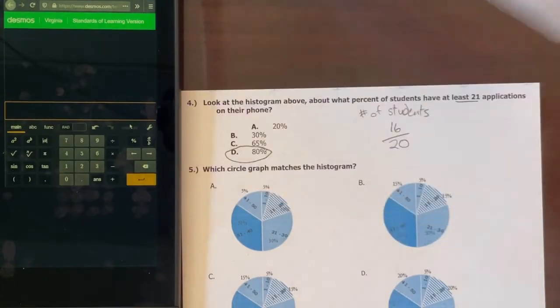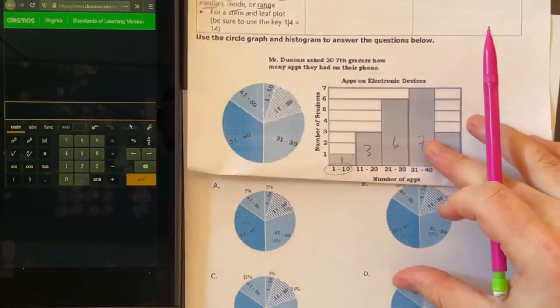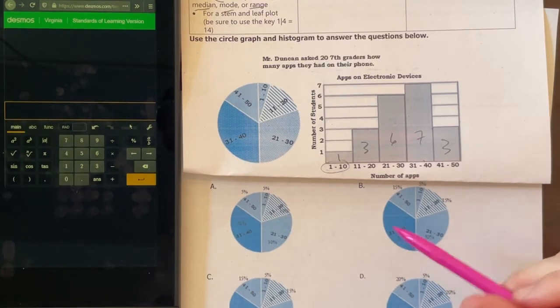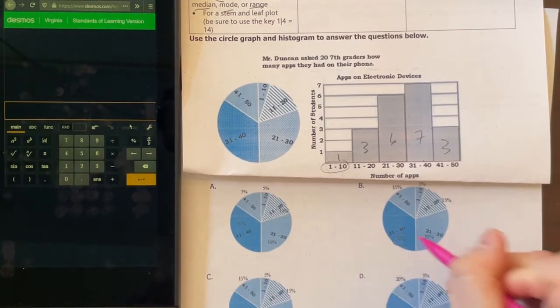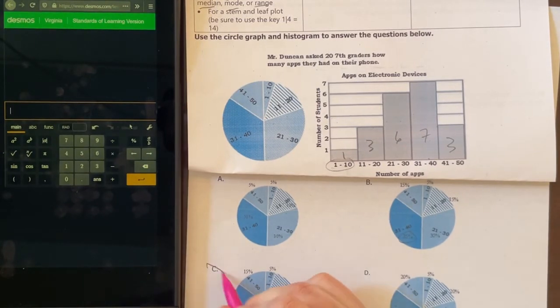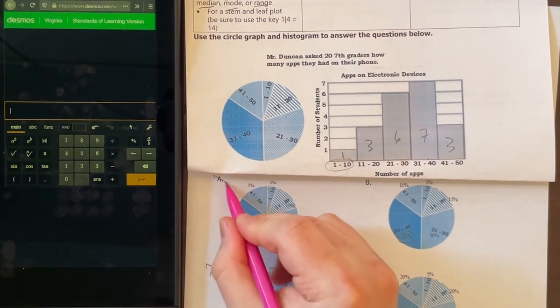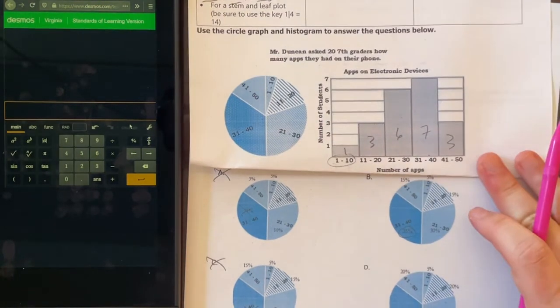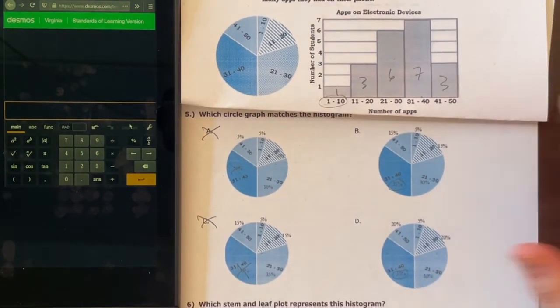For number 3, it was 35%. This is not 35, so it can't be C, and this is not 35, so that can't be A. Usually when you have a multiple choice answer, 2 of which are obviously incorrect, and then we can compare the other ones.